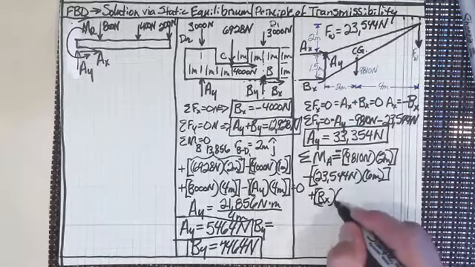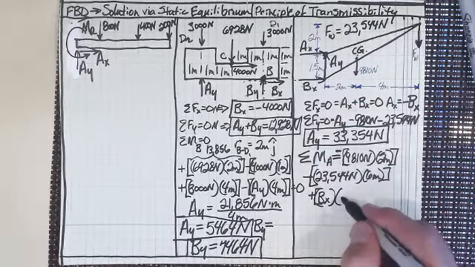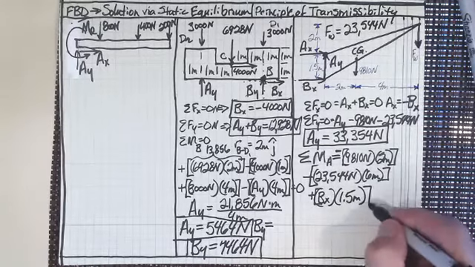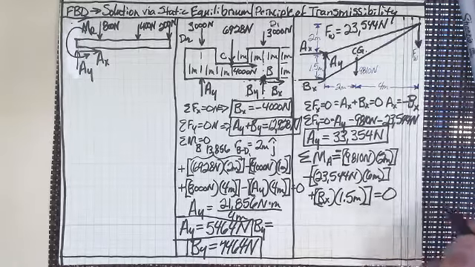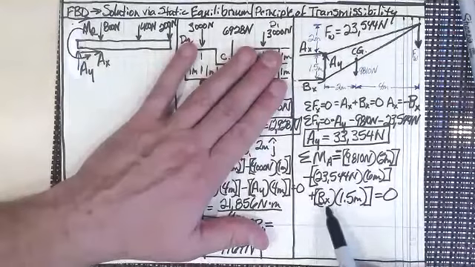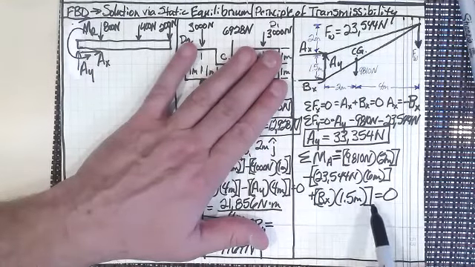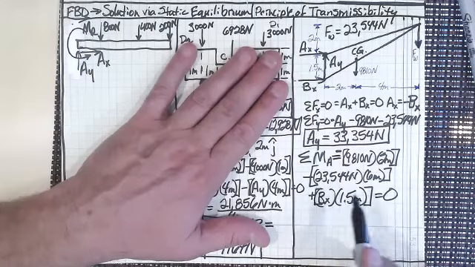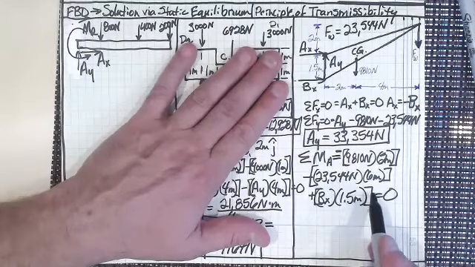That's off perpendicular to the application of the force, 1.5 meters, right? And that equals 0. And so what you can see here is that we now have an equation with B sub x in the equation. We've got A sub y.